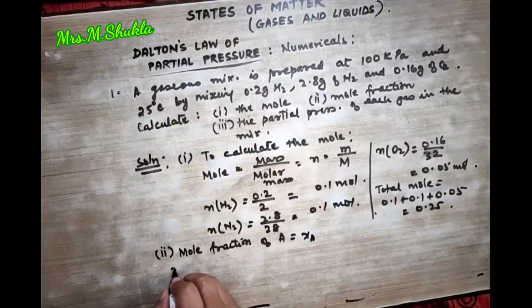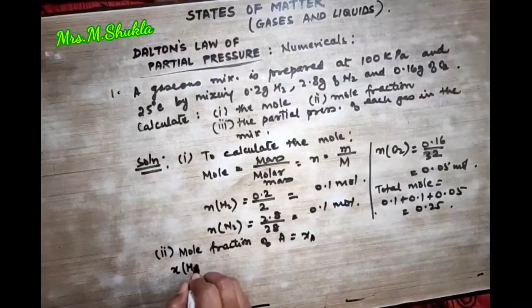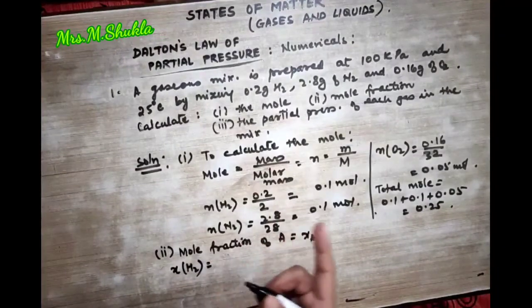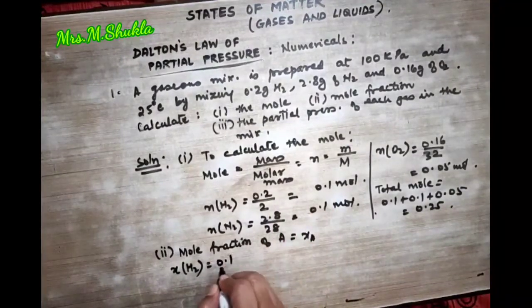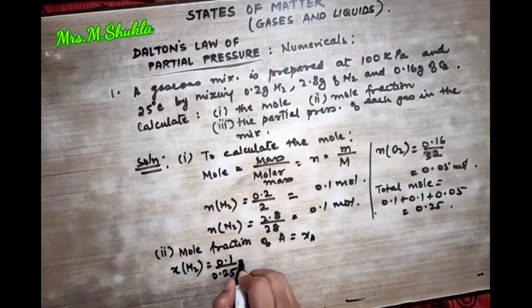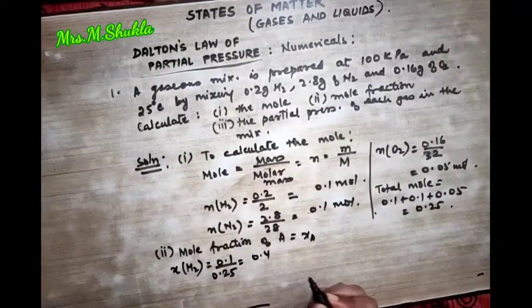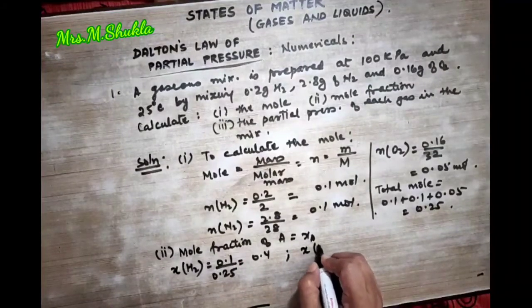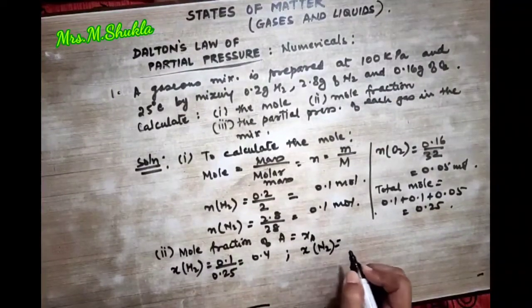Let's find out the mole fraction for hydrogen. This will be equal to, what did we get? 0.1 upon the total mole, that is 0.25. So this will be equal to 0.4. Similarly, the mole fraction of nitrogen gas will be equal to how much?